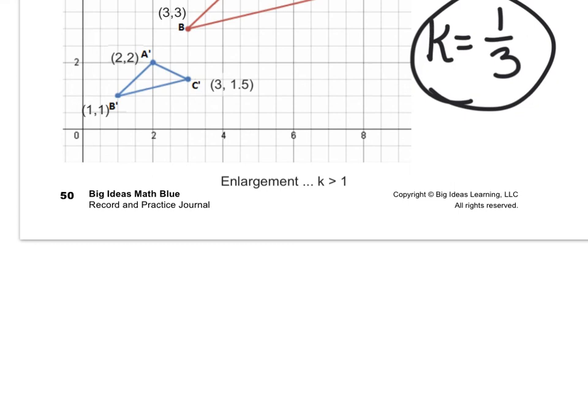Scale factor must be larger than 1. The opposite is true for a dilation that is a reduction. When a reduction occurs, the scale factor must be less than 1. So you are multiplying all your coordinates in your ordered pair by a number that is less than 1, by a fraction essentially. This now concludes your notes for 2-7.